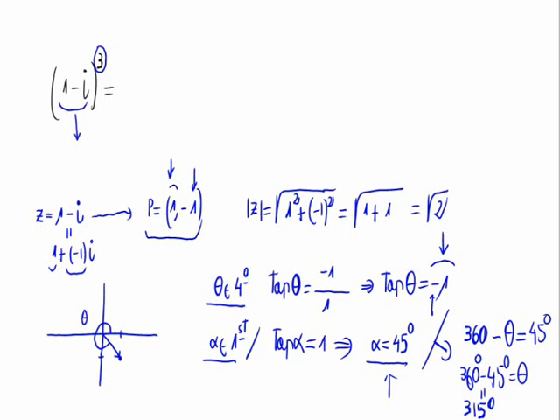So now we have obtained the argument of the complex number. Let's work always in degrees, but we could also have worked with radians. But now let's go on working with degrees.